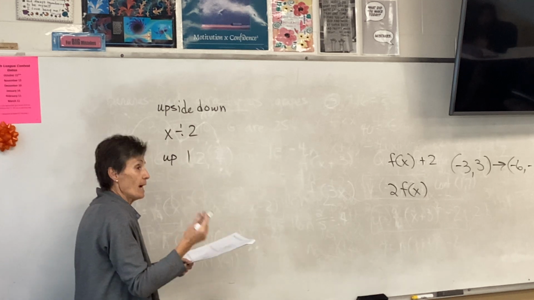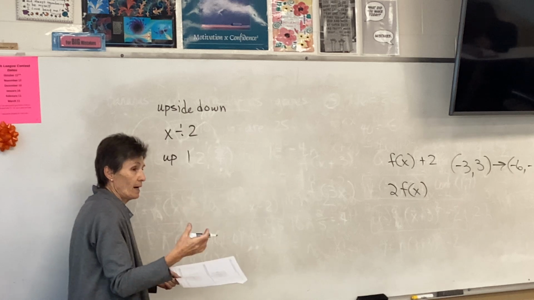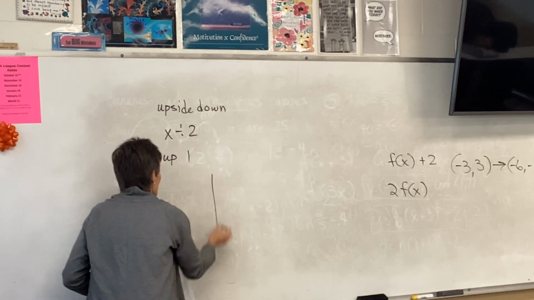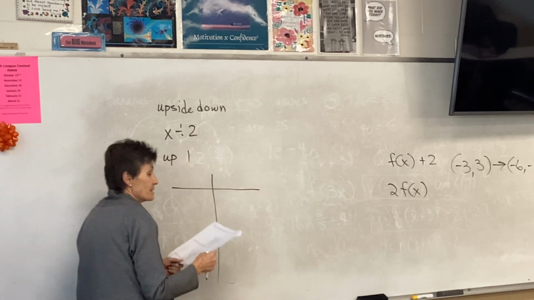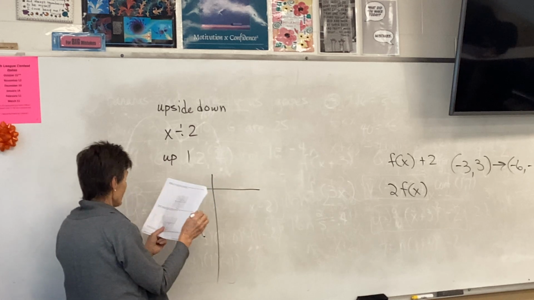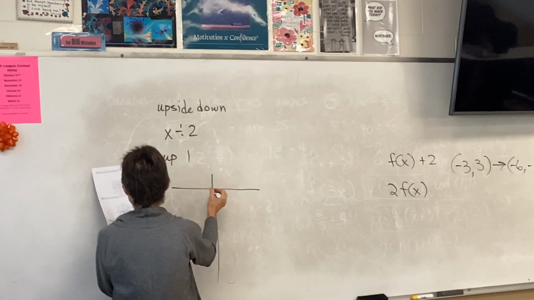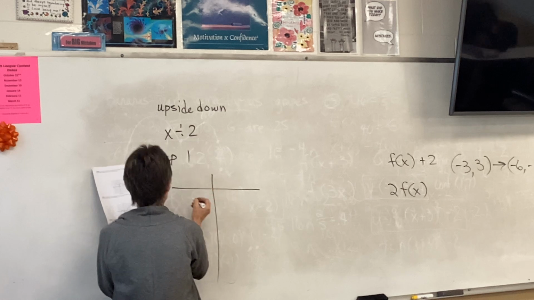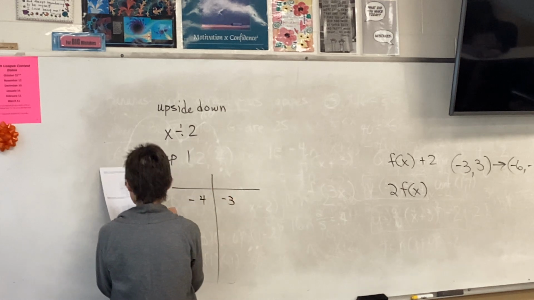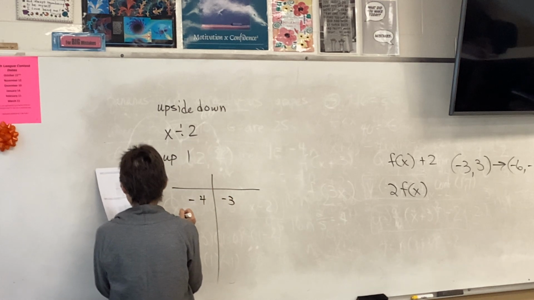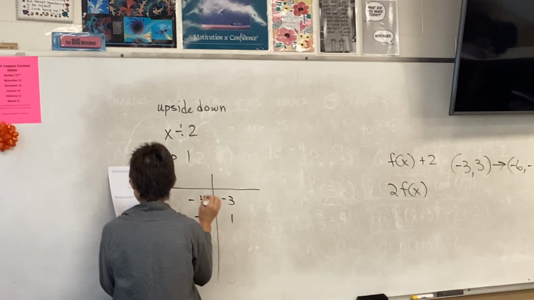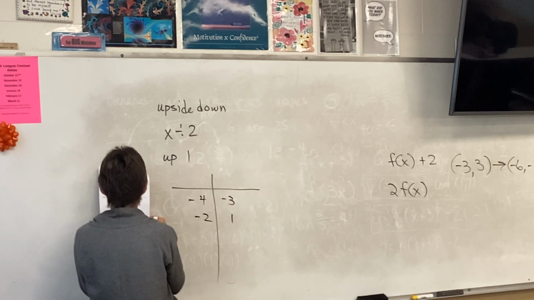Now, that's a lot to keep track of. You guys have young minds, younger than mine. I might look at my original picture and say, okay, my first point looks like it's at (-4, -3). And then I have one at (-2, 1). I'm just doing the end points of the segments.